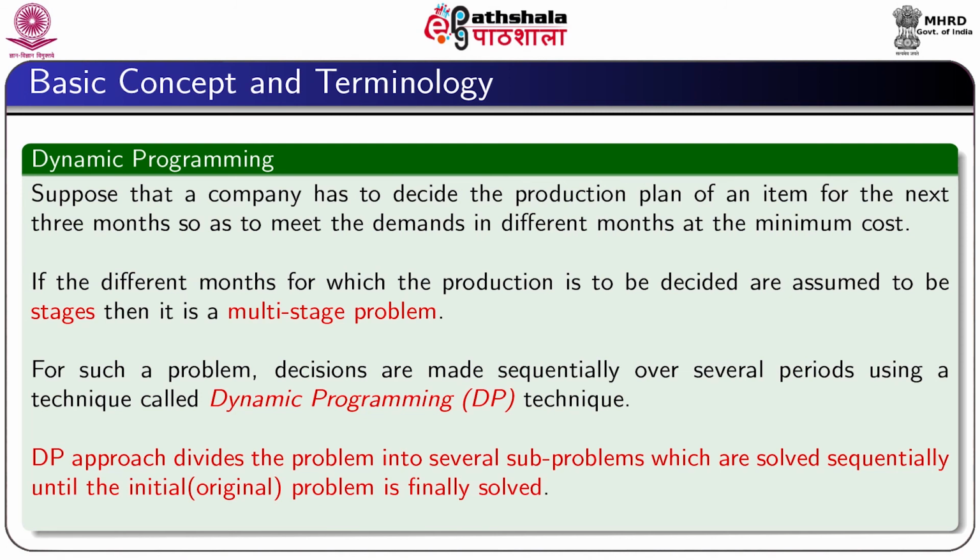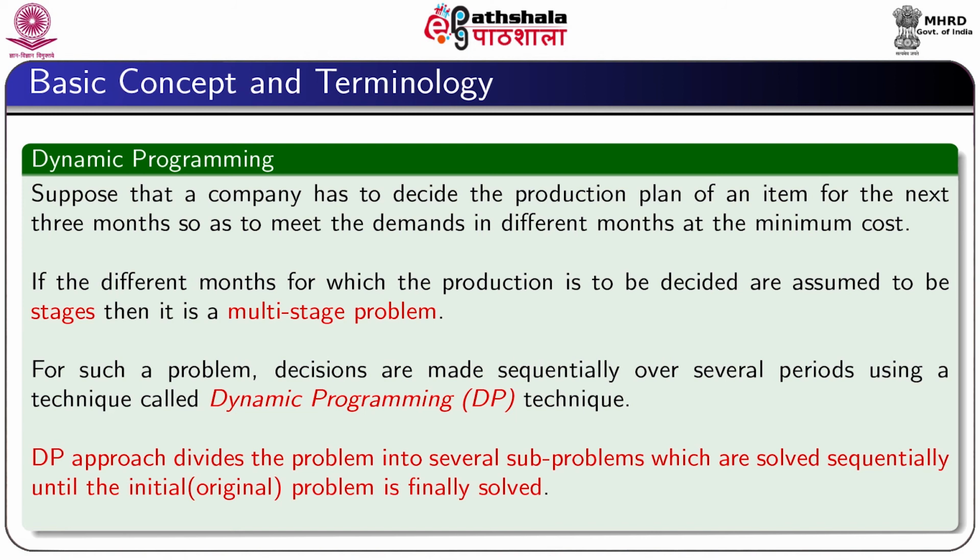Suppose that a company has to decide the production plan of an item for the next 3 months, so that the demands are made in the 3 different months at the minimum cost. If we consider these 3 different months as stages, then this problem is in fact a multi-stage problem.